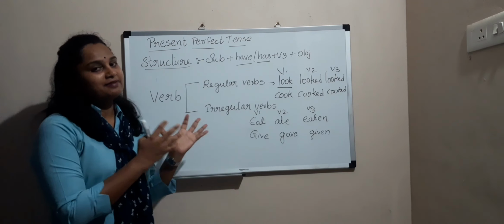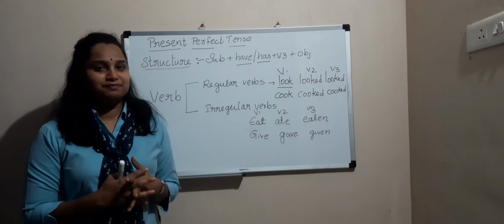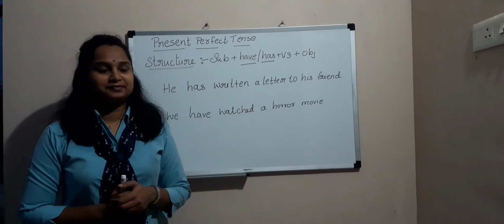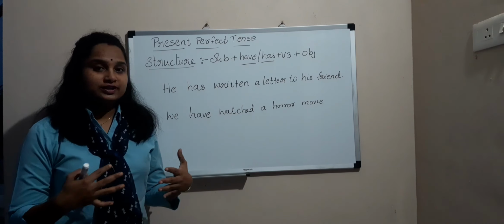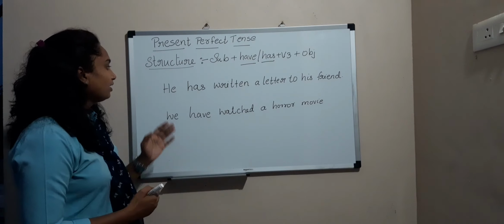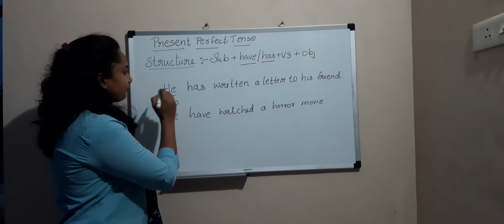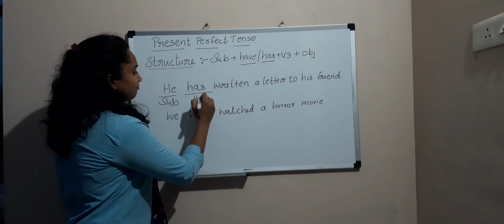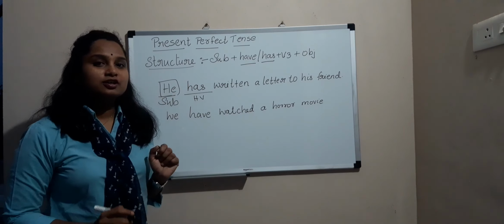Let's take some examples to understand the structure of present perfect tense. Let's look at these examples. He has written a letter to his friend. Subject, he. Helping verb, has, because we have singular pronoun.